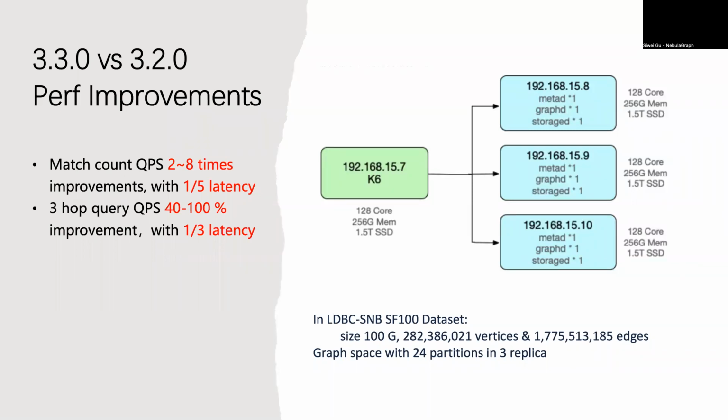So this time, as I mentioned, we have a bunch of performance improvements. Most of them are match related, and we already shared a performance report, and you can refer to more details there.